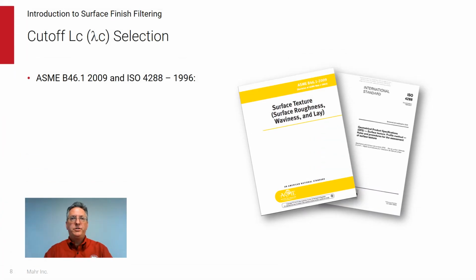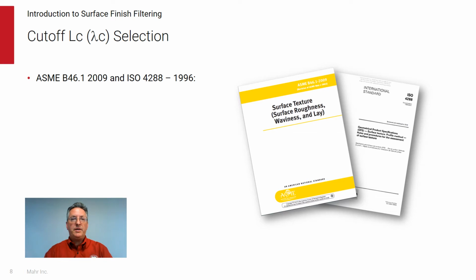There are 2 standards that present guidelines for measuring, filtering, and evaluating surface finish profiles. The American Society of Mechanical Engineers B46.1 and the International Organization for Standardization 4288. The selection of the cutoff, or specifically the roughness wavelength cutoff, is the topic of discussion for this presentation.